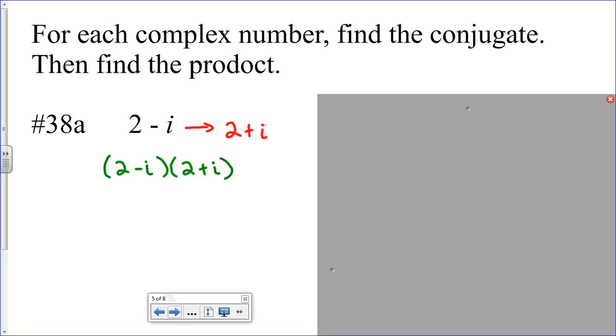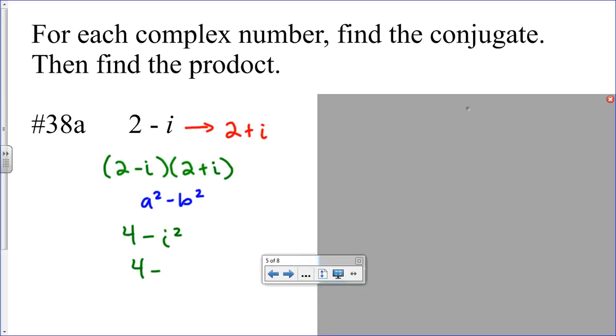You can FOIL. If you have two binomials, you can always FOIL. But if you can remember, the shortcut for multiplying conjugates was a squared minus b squared. So a is 2, so 2 squared is 4, minus b is i, so i squared.